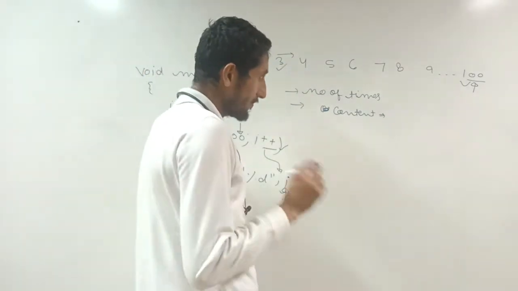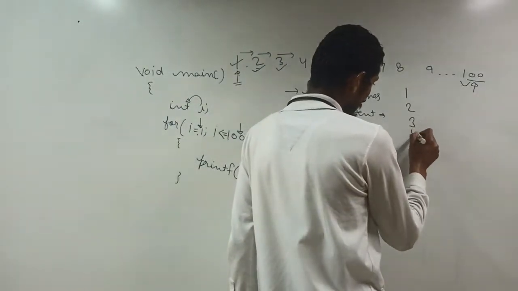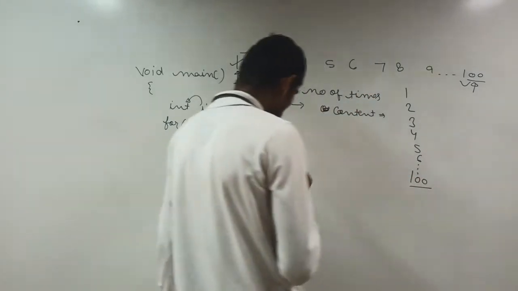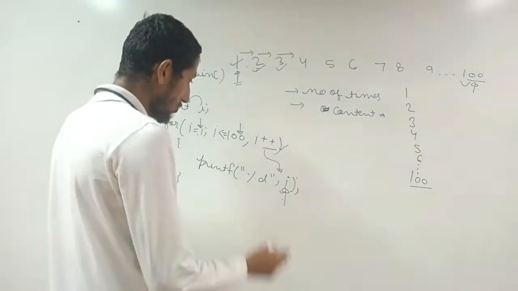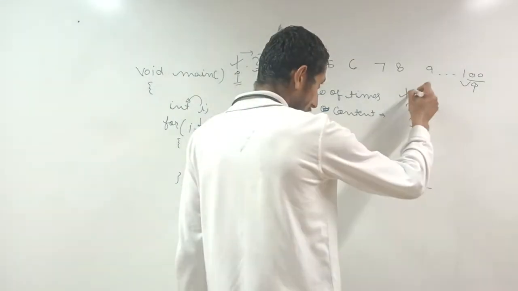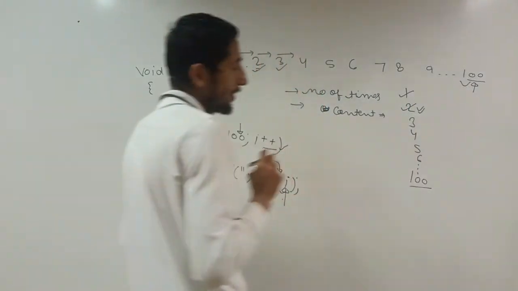In this program, if someone says to print like this, what we have seen is that the content is the same. The only difference is that the moment you print 1, then you have to print 2 on the next line. Are you following this one?